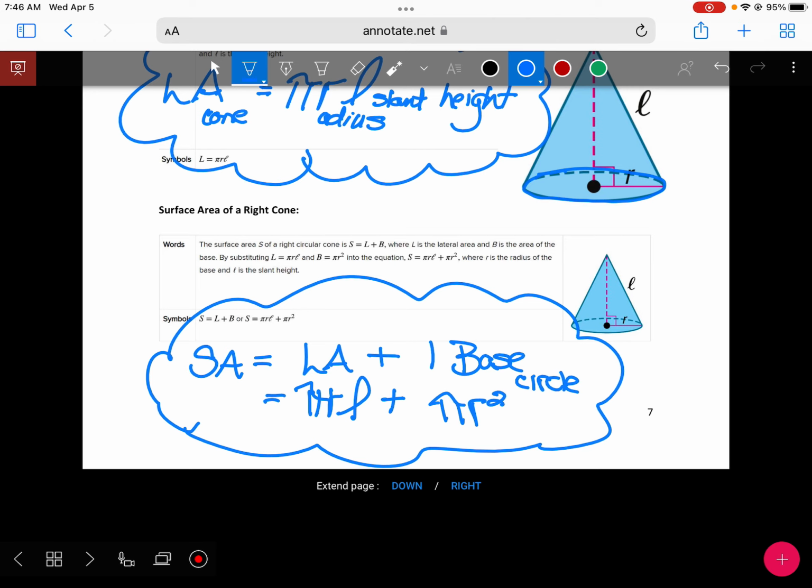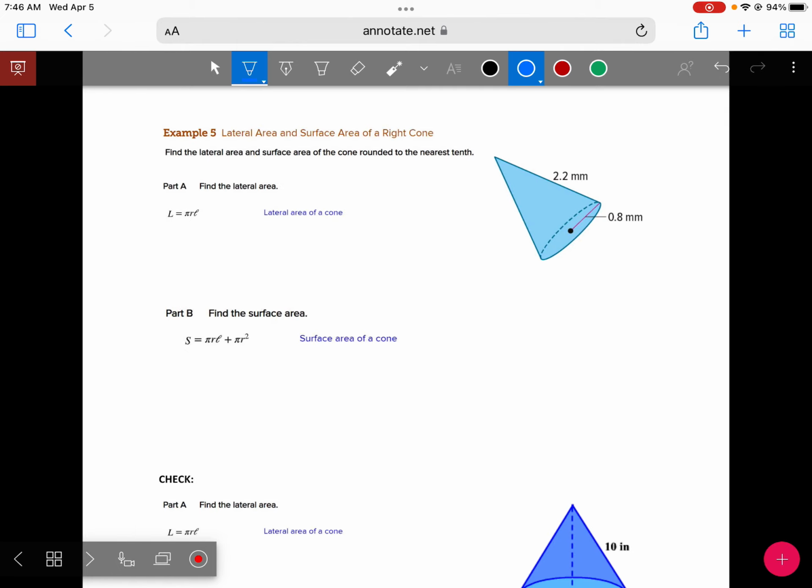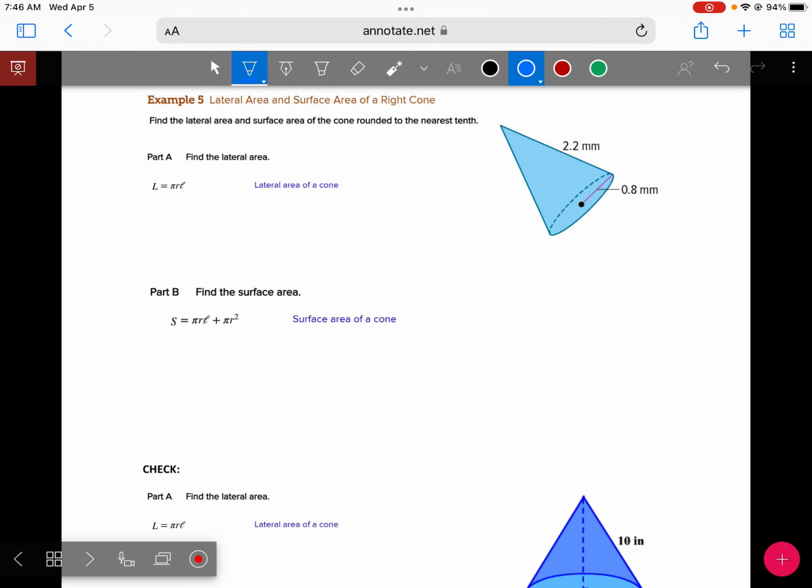Okay. So let's try one with some numbers. All right. So finding the lateral area of a cone. Lateral area of a cone is pi times the radius times the slant height. Okay?